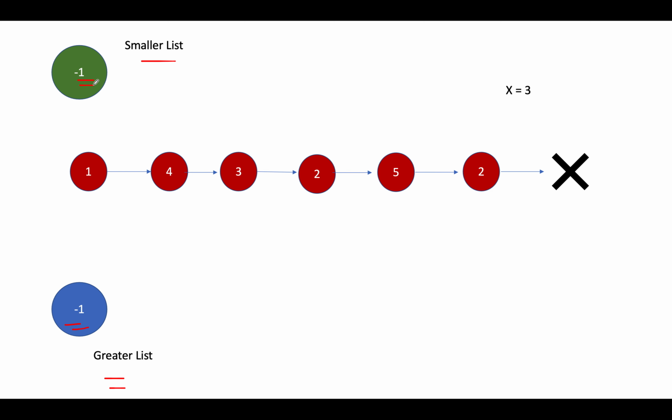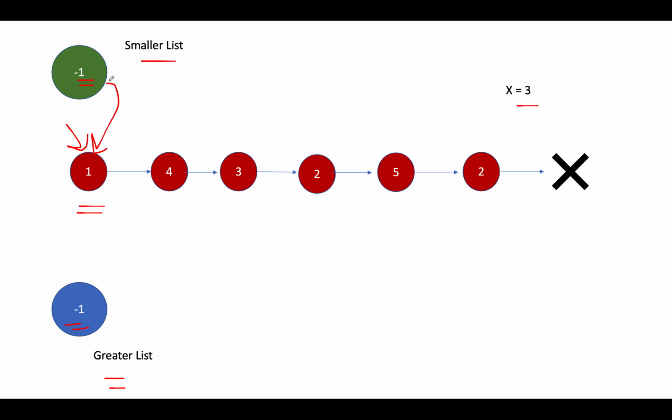And let's start the iteration over the input list. Initially the iterator is pointing to the head of the list, which is 1. Let's compare the value of x versus the current element being iterated. This value is lower than x. Since it is lower than x, we will assign the smaller list iterator to the current node.